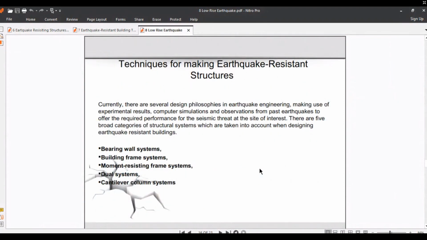And we have some techniques for making earthquake resistance, such as bearing wall systems, building frame systems, moment resistant frame systems, dual systems, and cantilever column systems, which I have explained and described today.